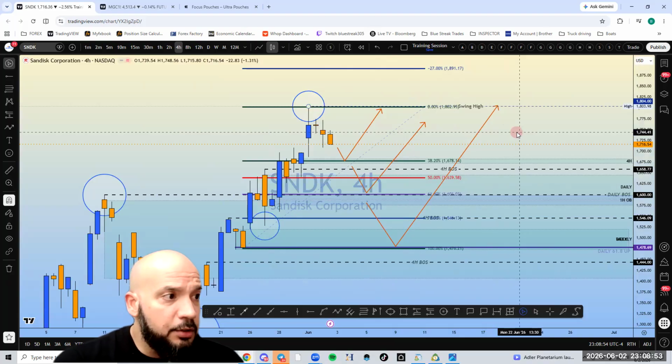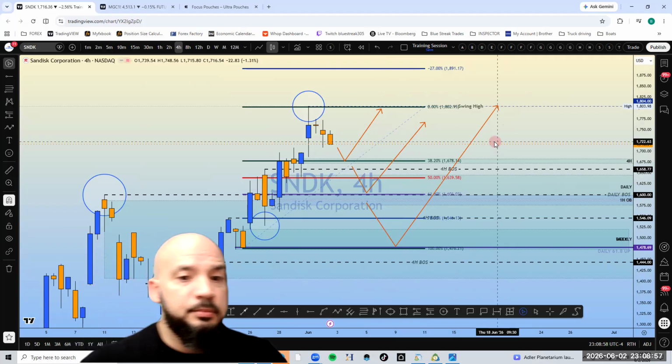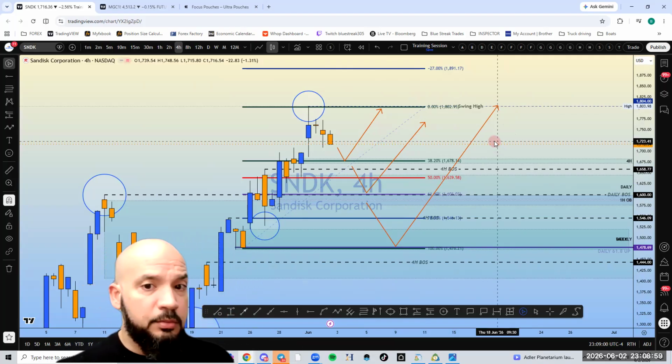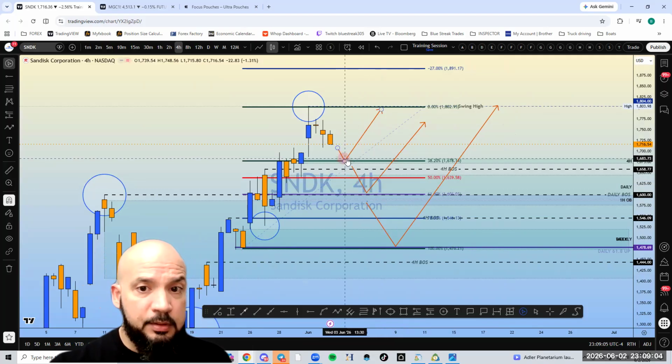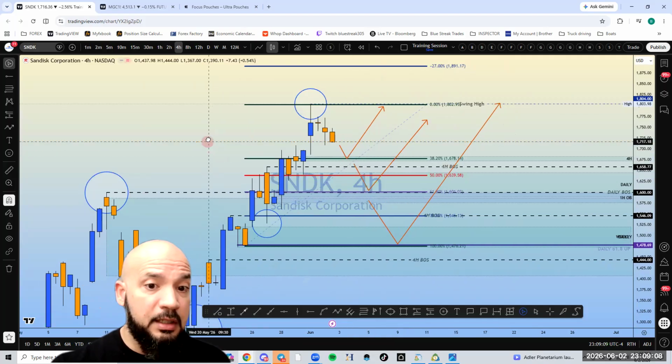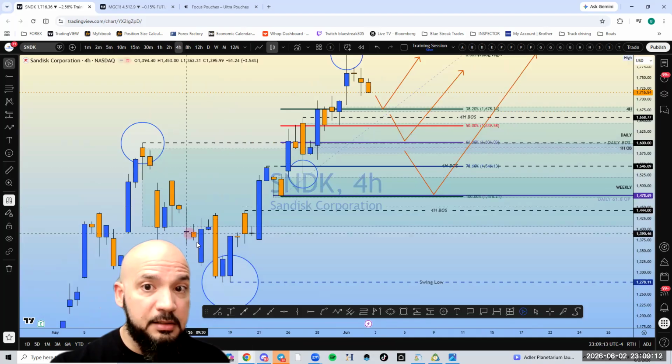That is also the third situation that you're looking at for SanDisk. Just so you know, I think this one will happen. This one could get broken. It could get respected. Because again, this thing is bullish, man. It hasn't shown anything like this yet.